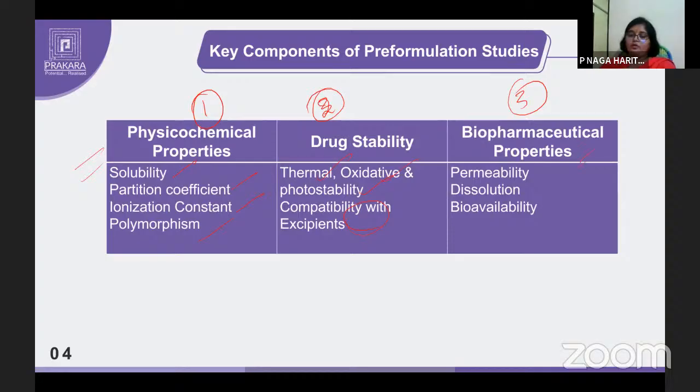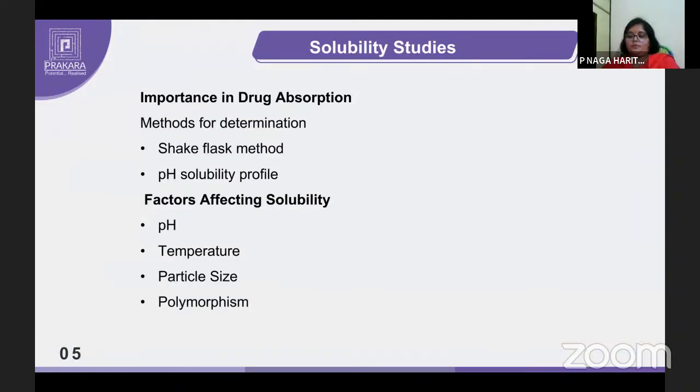Finally, we have the biopharmaceutical properties such as permeability, dissolution, and bioavailability. Each of these components plays a vital role in understanding the drug and designing its formulation. Under each we have different subheadings. In physicochemical properties, we have solubility, partition coefficient, and ionization. In detail, we'll be seeing each of the properties.